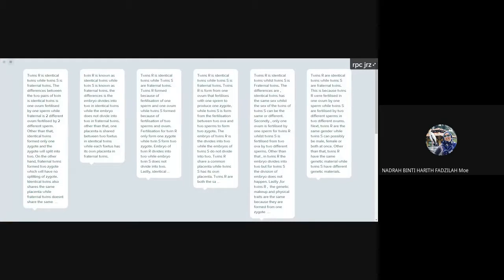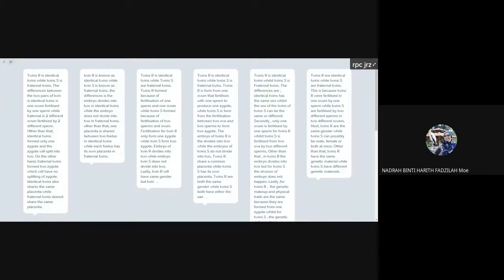Okay, and then ada yang dah start cerita pasal different types of trait atau ciri atau feature. For example, untuk identical twins dia punya gender sama, R gender sama, tapi S can be the same or different, and then itu gender.